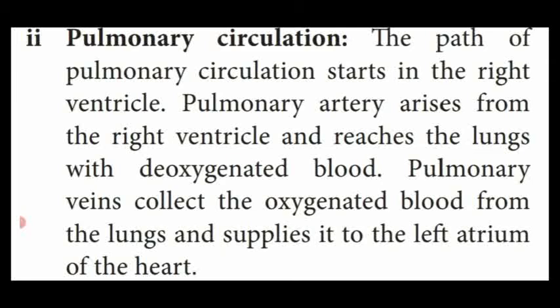This is said to be the pulmonary circulation. We have given the pulmonary circulation two vessels, veins and arteries. What are the two? Pulmonary arteries and pulmonary veins, only transporting oxygenated blood and deoxygenated blood. That circulation is called pulmonary circulation.